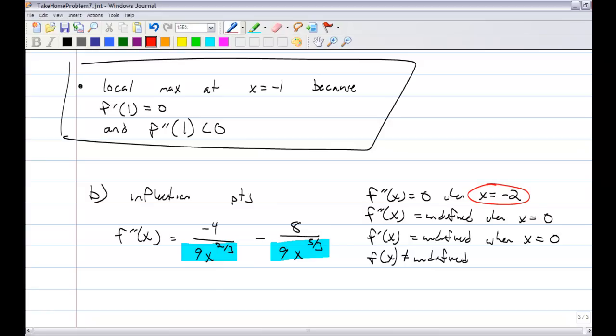So your separators really are at negative 2 and 0. We're looking for inflection points, so let's write out our intervals: negative infinity to negative 2, negative 2 to 0, and 0 to infinity.